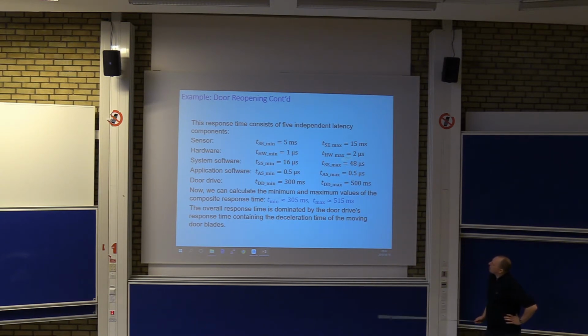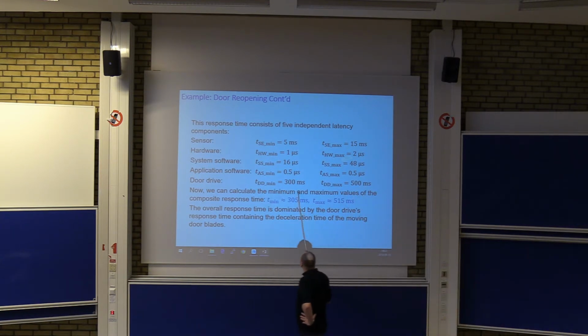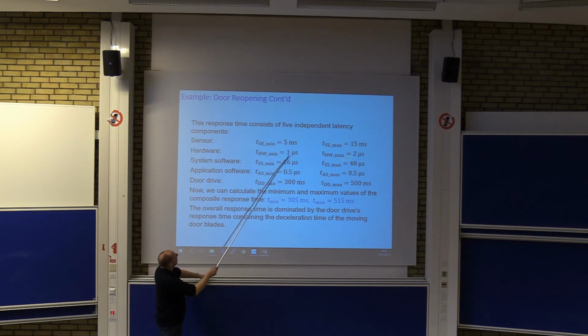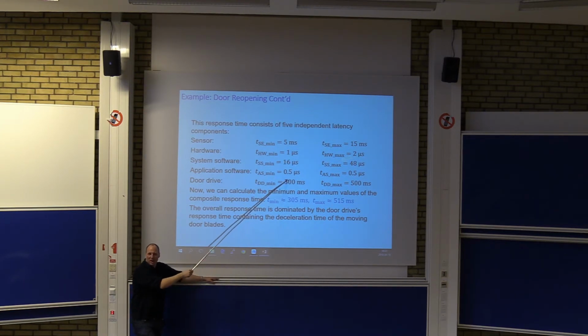So you will get the lowest and the largest value. If we look at the numbers here, we see something that is quite typical: for the hardware and the software, we talk about microseconds typically. The sensors are a little bit slower, but the slowest part is more or less always the actuators.